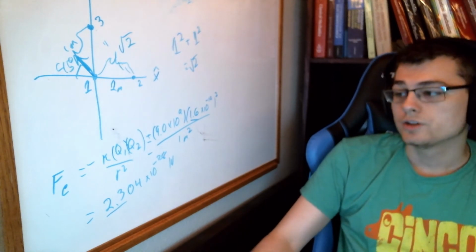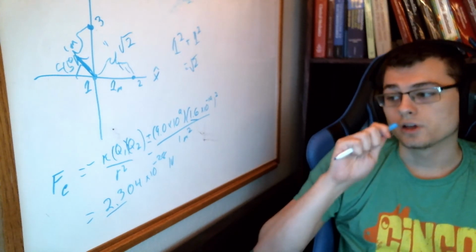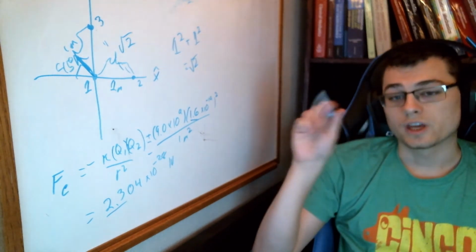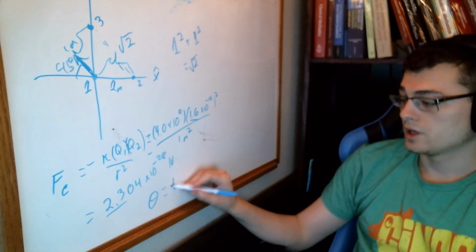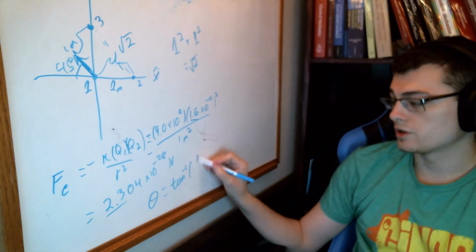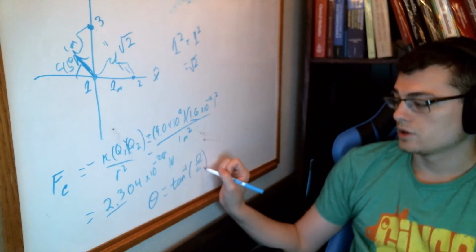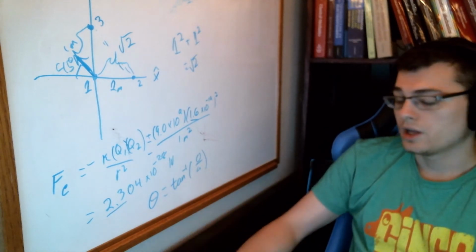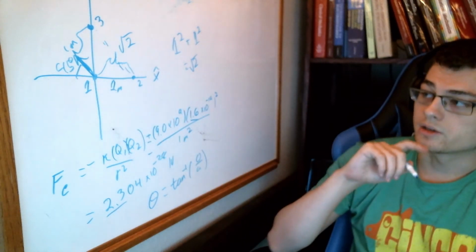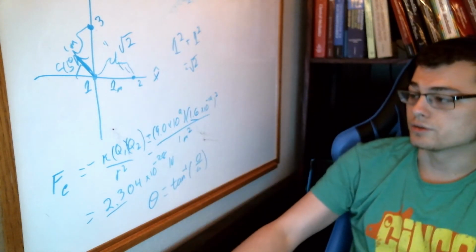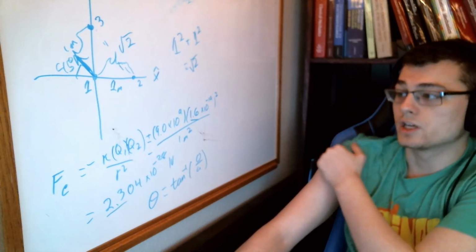If we were to throw these numbers into the inverse tangent function when we're finding theta, if you remember from last semester, theta is equal to the inverse tangent of O over A. And when these two numbers are equivalent to each other, theta is going to be 45 degrees. So this is going to be 45 degrees here, and that's something that we can quickly deduce from seeing that both of our forces are equal in magnitude.